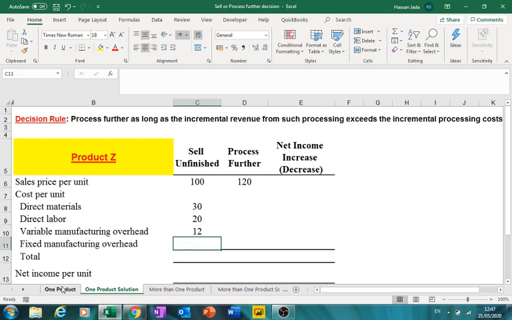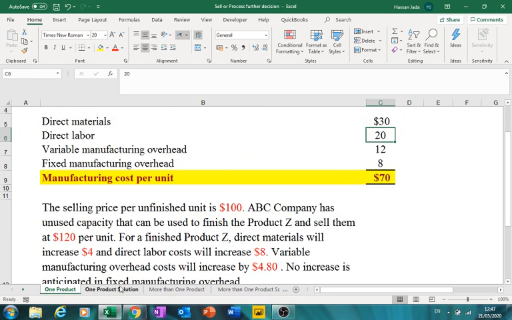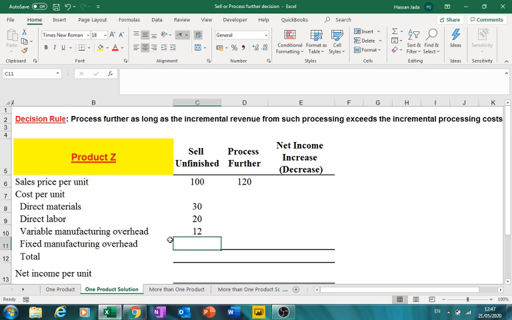And we have fixed manufacturing overhead of $8. And the total cost for the unfinished product is 70.